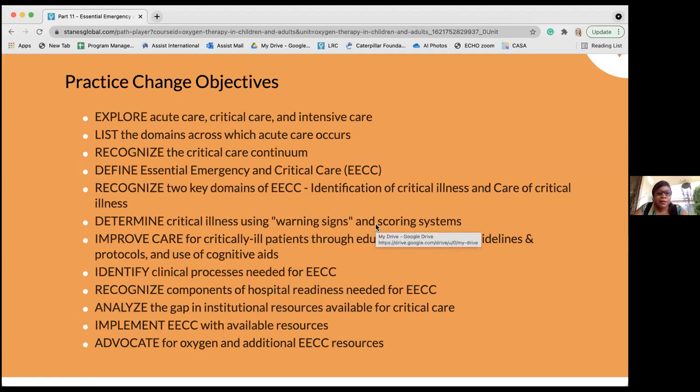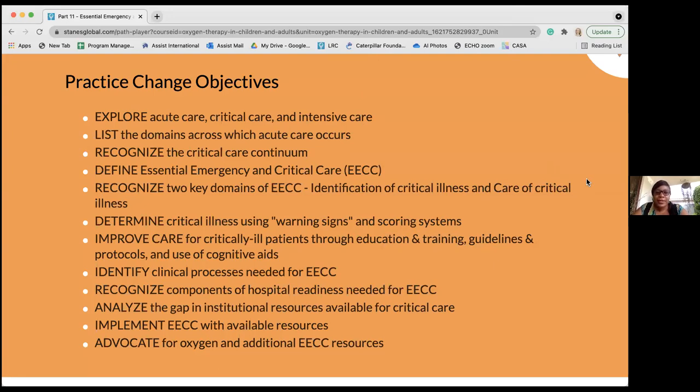The other objective is to improve care for patients who come in critically, no matter the underlying condition. We identify the clinical processes which are needed for EECC. We recognize the components of hospital preparedness which are needed for us to provide essential emergency and critical care.